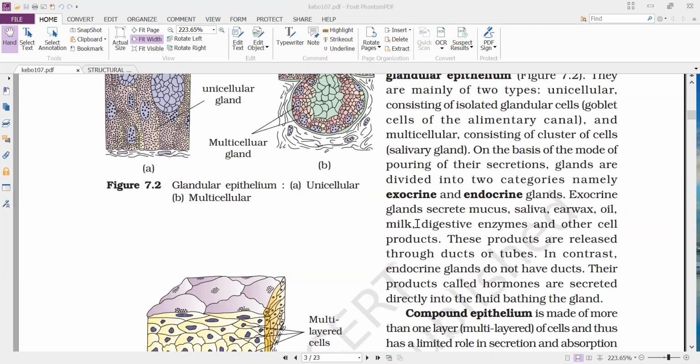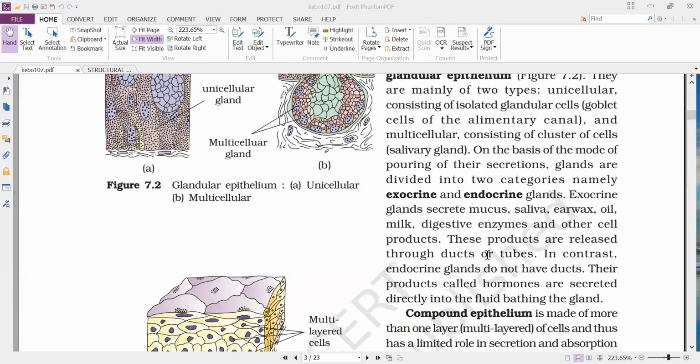Milk, the milk secreted by the mammary glands, and digestive enzymes, the enzymes secreted by the digestive glands, and other cell products. These products are released through ducts or tubes.